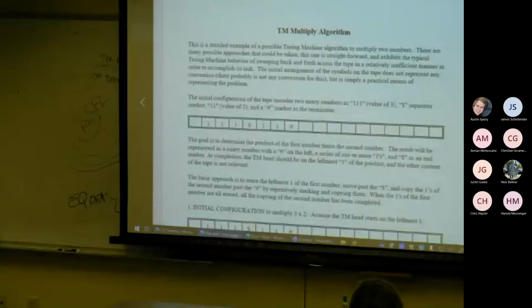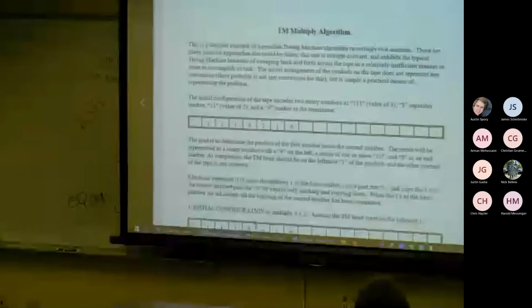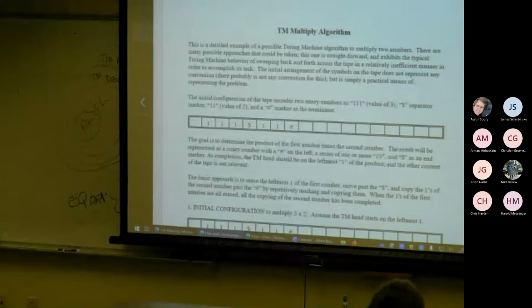We started with two numbers, and how did we get the result? If we're adding 3 plus 2, the objective was to take two numbers represented in unary form, just like the number 25 would be 25 ones next to each other. Is that a valid way to represent a number? Sure.